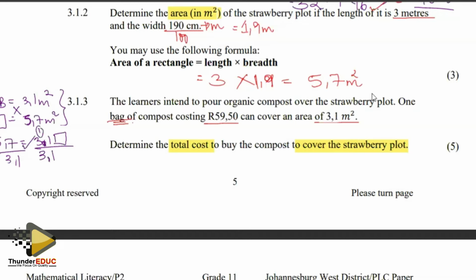This is 1 mark because you divide. So 5.7 divided by 3.1. So you end up having your answer as 1.8387.